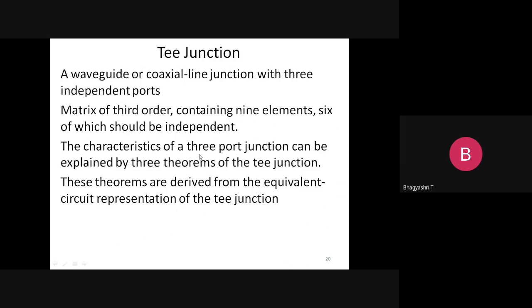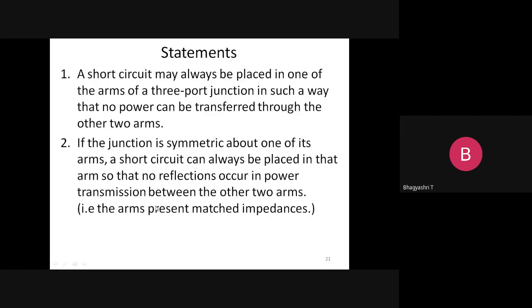So the characteristic of a three-port junction can be explained by three theorems of the Tee junction. These theorems are derived from the equivalent circuit representation of a Tee junction. So what is the statement? A short circuit may always be placed in one of the arms of a three-port junction in such a way that no power can be transferred through the other two arms.